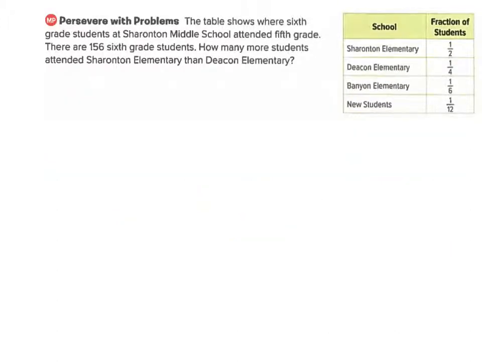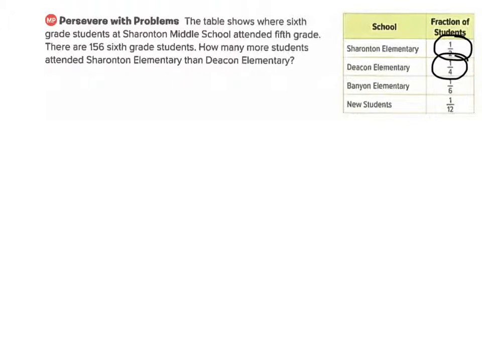So let's check one more problem. It said the table shows where 6th grade students at Sharonton Middle School attended 5th grade. There are 156 6th grade students. How many more students attended Sharonton Elementary than Deacon Elementary? If I look at my table, it says half of the students went to Sharonton, 1/4 went to Deacon.